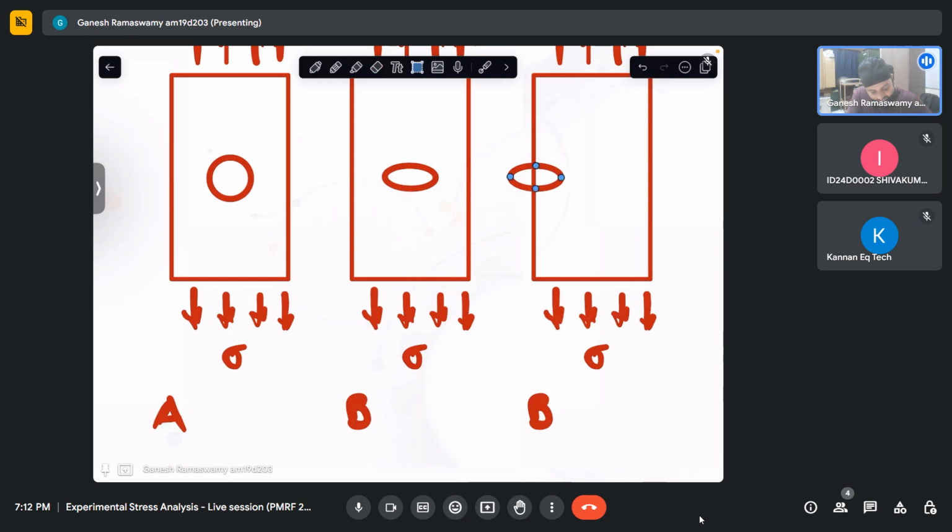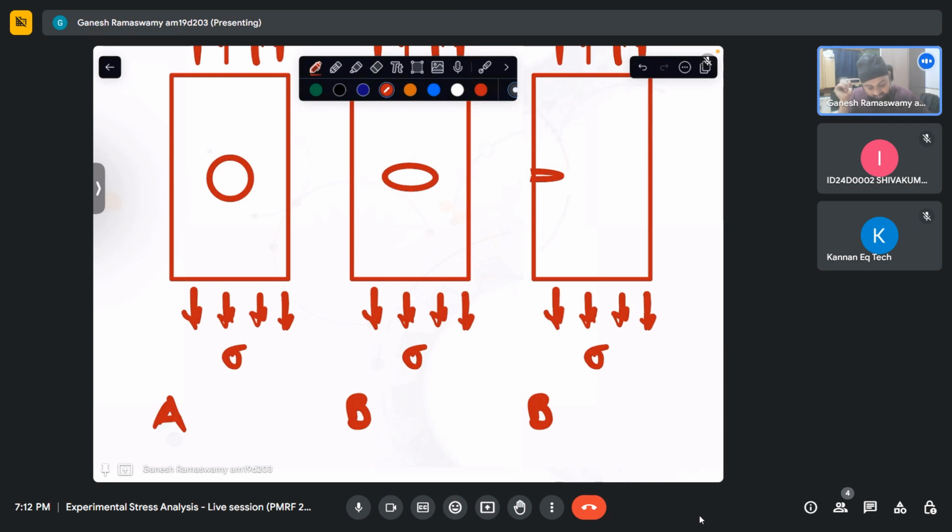Now to further worsen this, this ellipse got more and more eccentric. Now when the ellipse totally collapses in the limiting condition, there is nothing over here. So what is happening in the limiting condition?